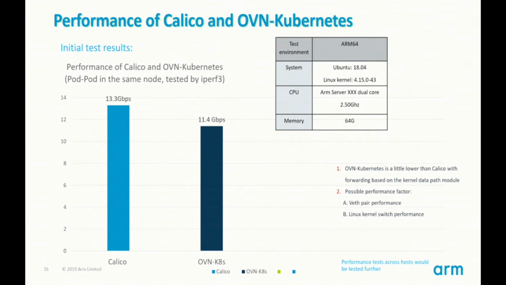The reason is that OVN Kubernetes is based on the kernel datapath module to do the forwarding, while Calico is directed by the kernel, not by a kernel module. Another performance factor, I think, is that veth pair performance is a little bit higher than the OVS port.